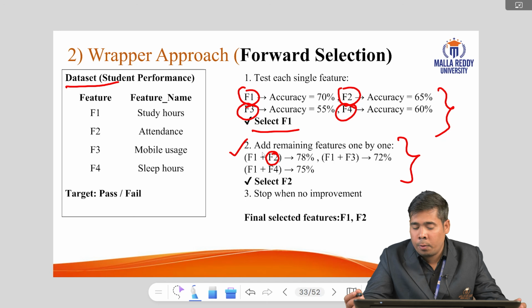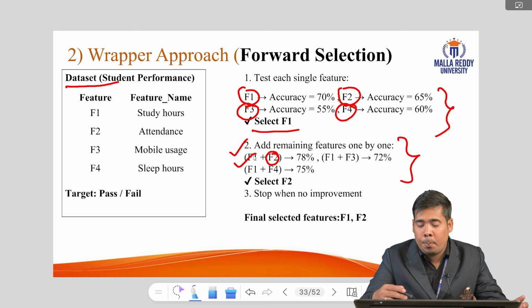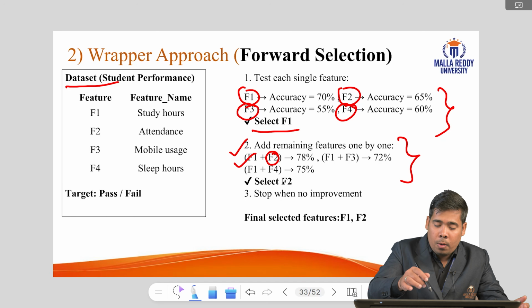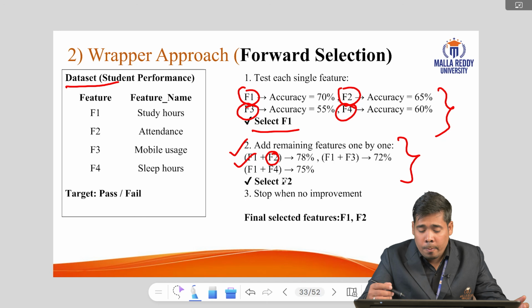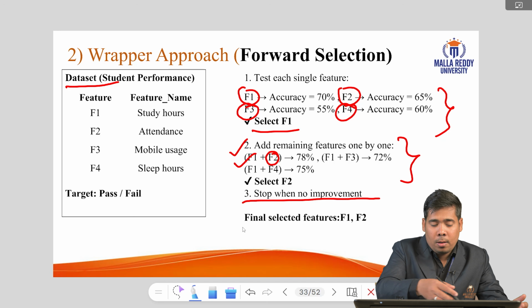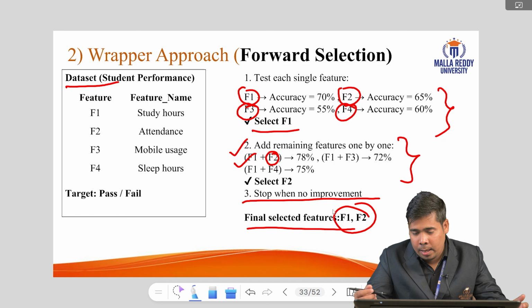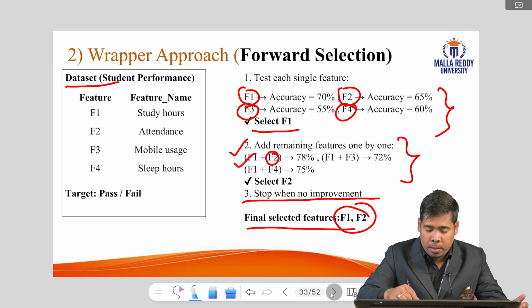Because feature 1 along with feature 2 gives better accuracy compared to F1 and F3 and F1 and F4. We'll keep on adding features, and when there is no improvement, we'll stop the process. Hypothetically, feature 1 and feature 2 are selected based on these performance metrics.